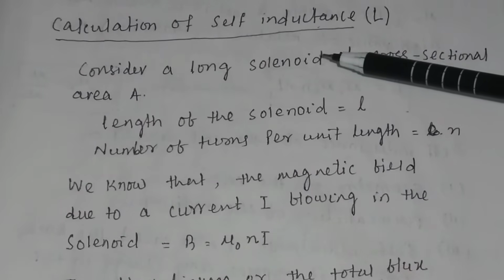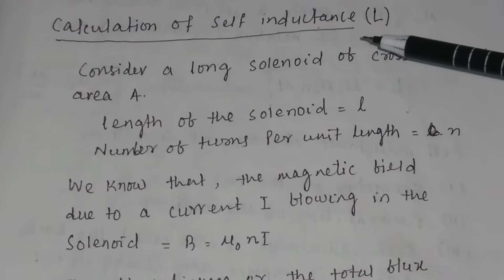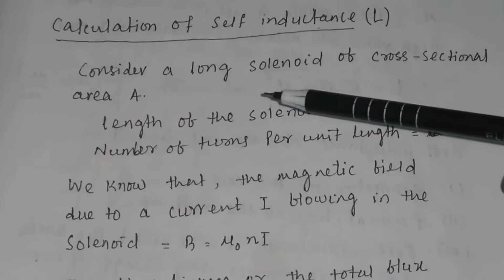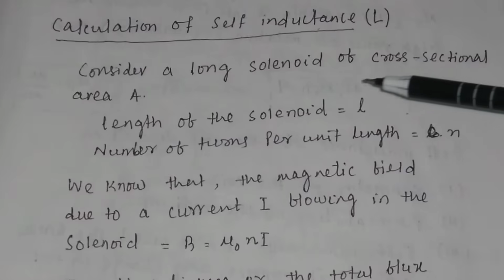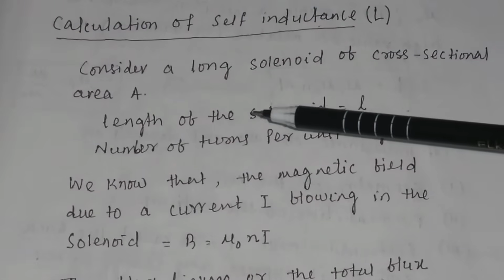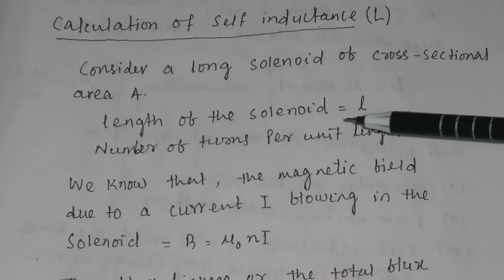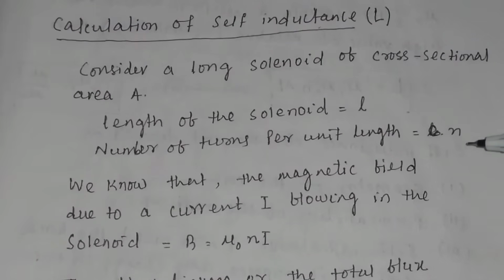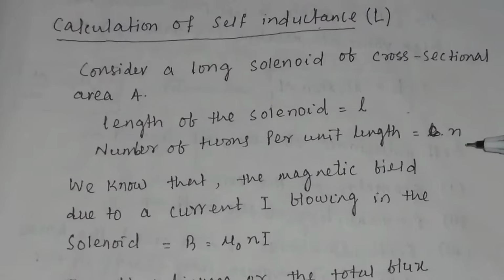How can you calculate the self-inductance L? Calculation of self-inductance L. Consider a long solenoid of cross-sectional area A. Suppose the length of the solenoid is l. Number of turns per unit length is equal to n.